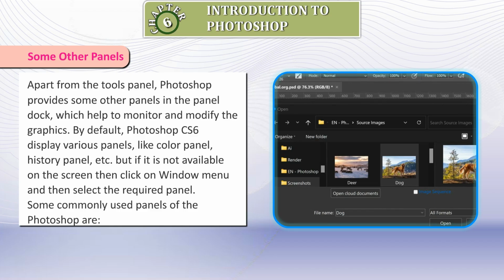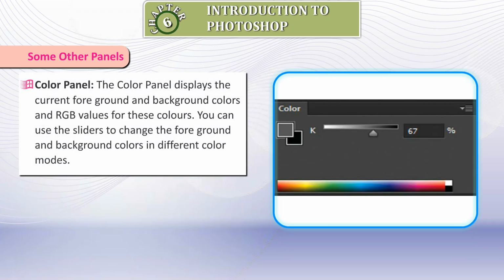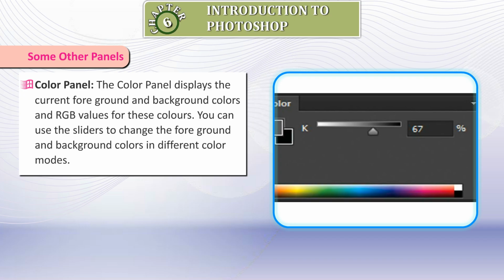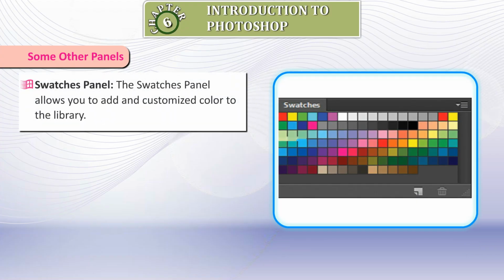Some commonly used panels of Photoshop are: Color panel. The Color panel displays the current foreground and background colors and the RGB values of these colors. You can use the sliders to change the foreground and background colors in different color modes. Swatches panel.